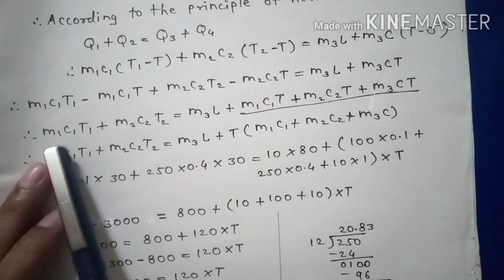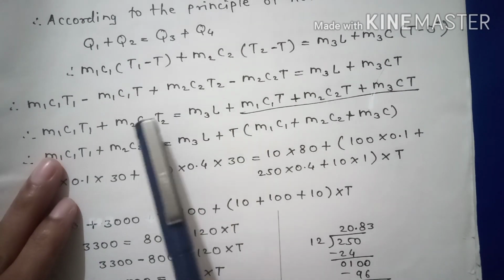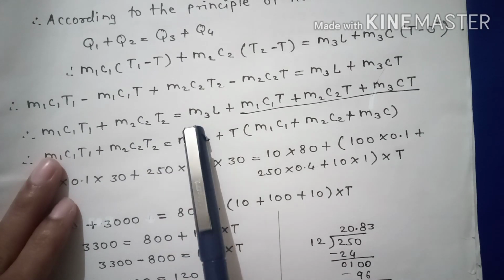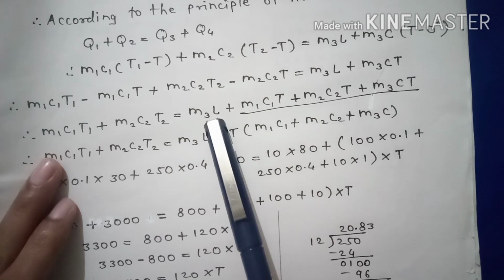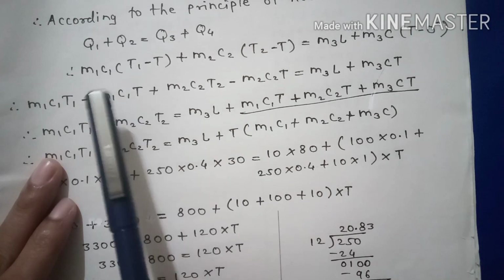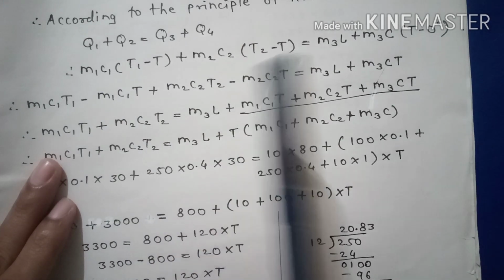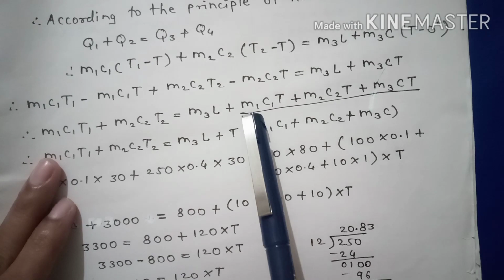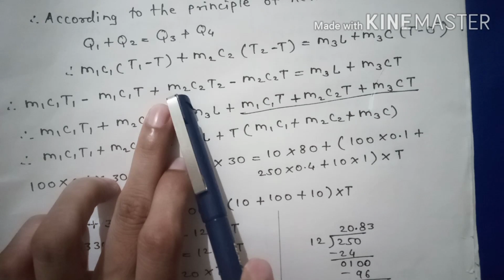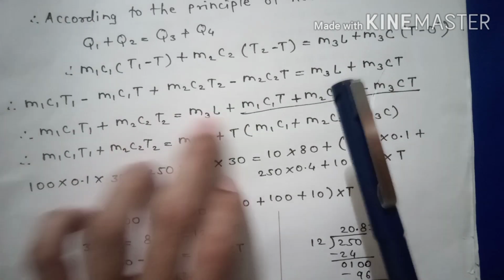So M1C1T1 will be as it is, together with M2C2T2, that is equal to M3L, which is also as it is, plus M1C1T. This is negative on the left hand side, but when it comes to the right hand side it will be positive, that is M1C1T, plus M2C2T.